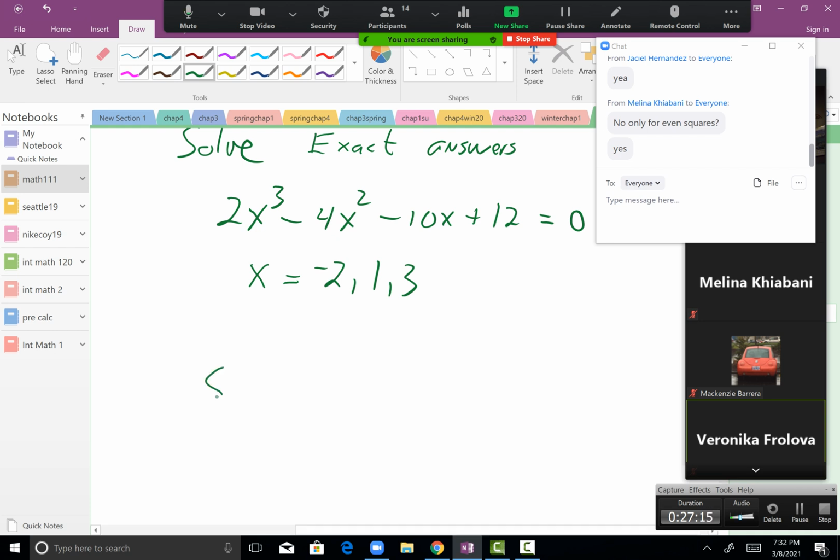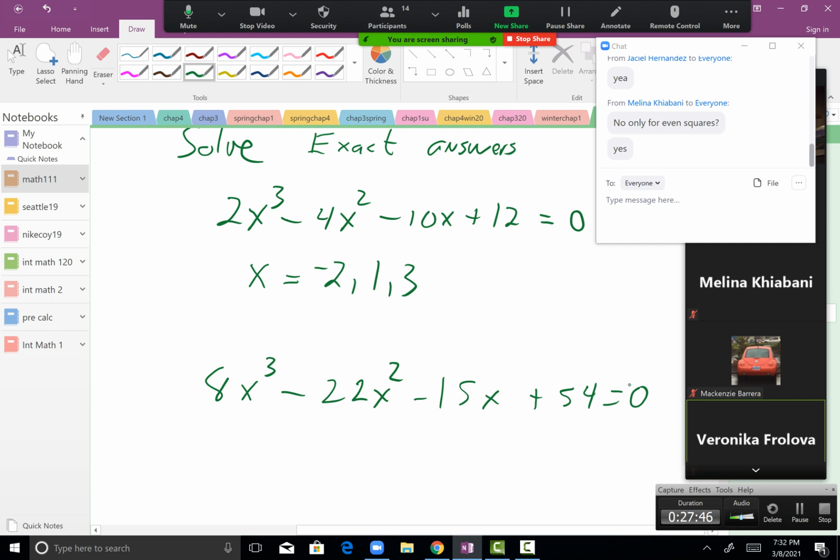Let's try this one. I don't know if this one's going to work out real well, but let's try it. That's a 22, not a 23. These all got to be set equal to 0, or else they don't work.